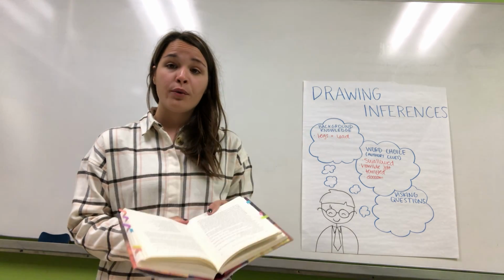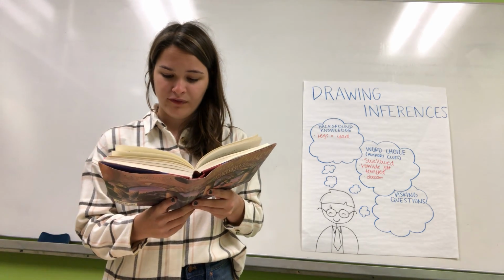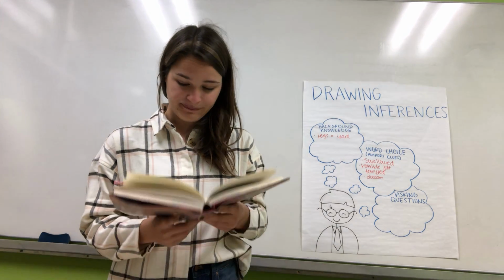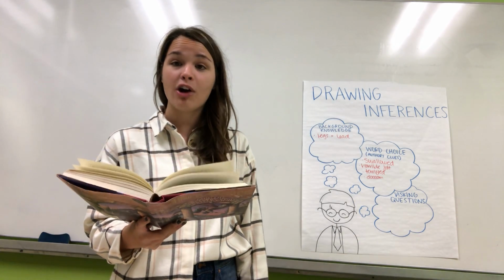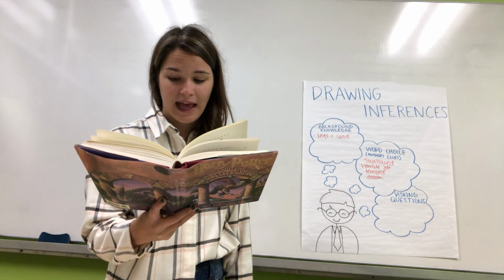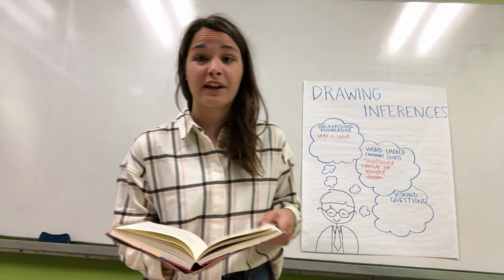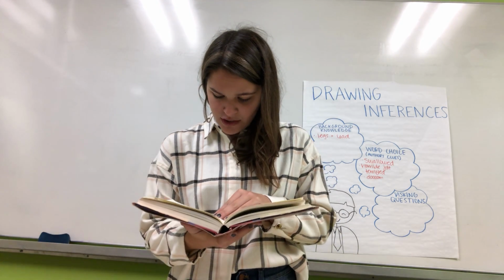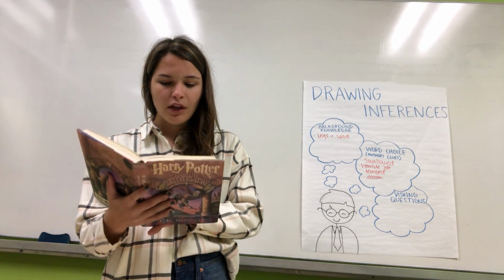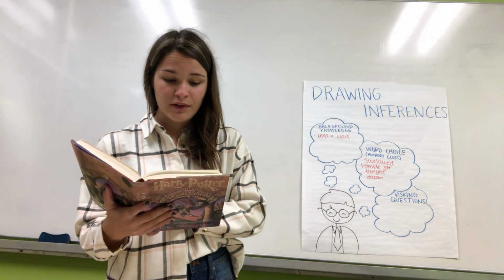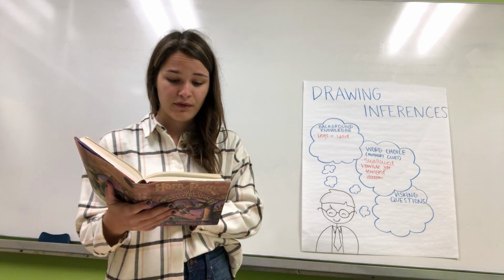"Oh, you may not think I'm pretty, but don't judge on what you see. I'll eat myself if you can find a hat smarter than me. You can keep your bowlers black, your top hat sleek and tall, for I'm the Hogwarts sorting hat and I can cap them all. There's nothing hidden in your head the sorting hat can't see. So try me on and I will tell you where you ought to be. You might belong in Gryffindor, where dwell the brave at heart. Their daring nerve and chivalry set Gryffindors apart.